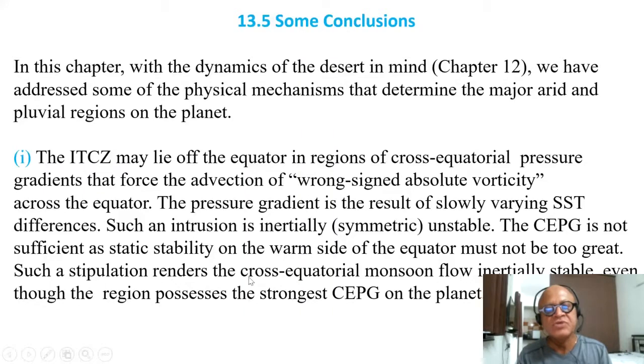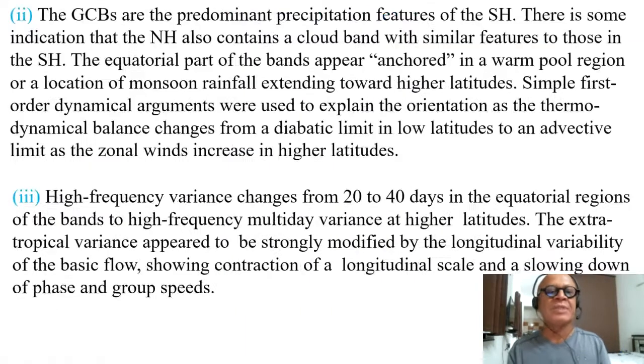Such a stipulation renders the cross-equatorial monsoon flow inertially stable. So we'll see that despite having a very strong cross-equatorial gradient in the Western Indian Ocean, the strongest, you will have no convection there, even though the region possesses the strongest CEPG on the planet.